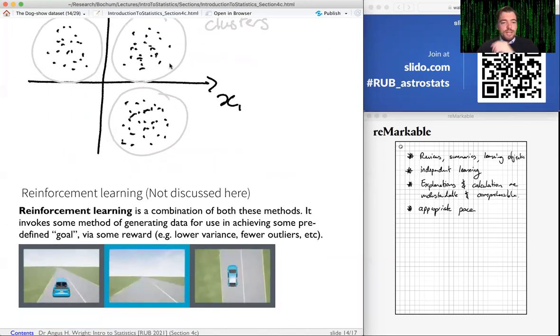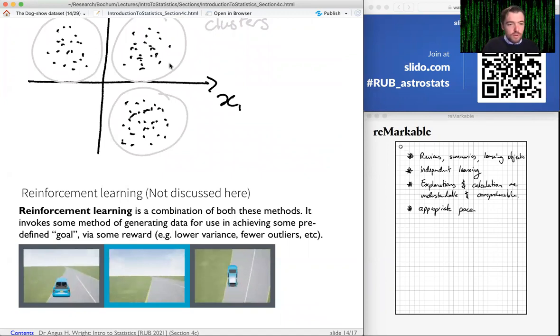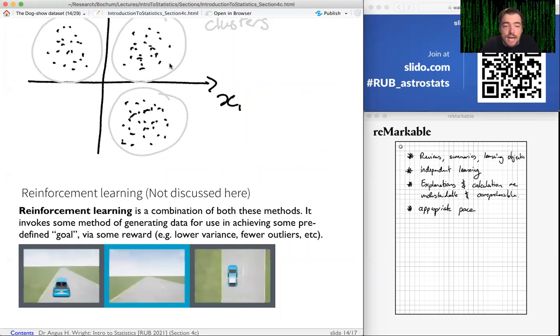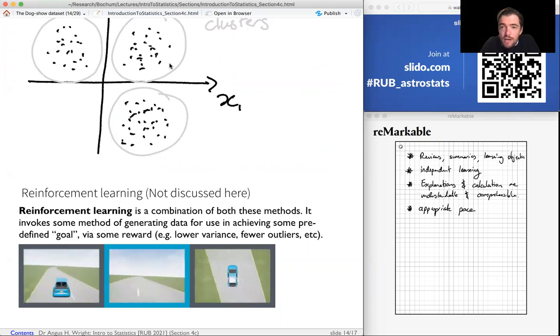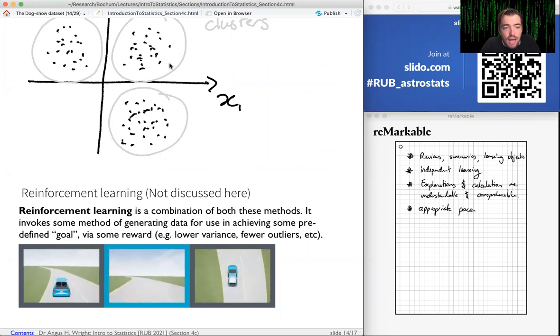The last method is reinforcement learning, and we're not going to talk about reinforcement learning a great deal, but reinforcement learning is essentially a combination of these two things. It's essentially a halfway between unsupervised machine learning, where the machine is trying to discover as much as it can about a data set, and supervised machine learning, where it is trying to map to some outcome.